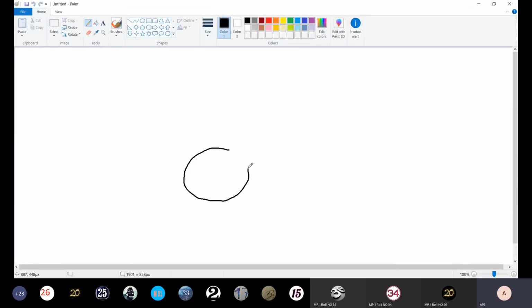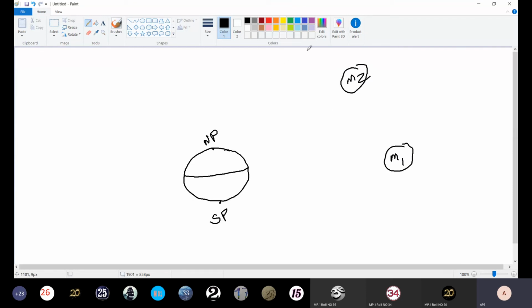So this is the Earth, and this is the equator. So North Pole. And suppose we take position of moon here, M1, and position of moon here, M2.